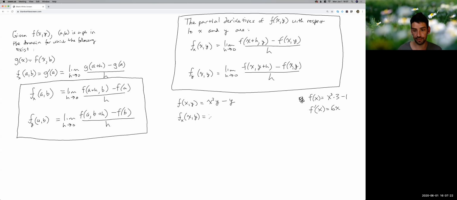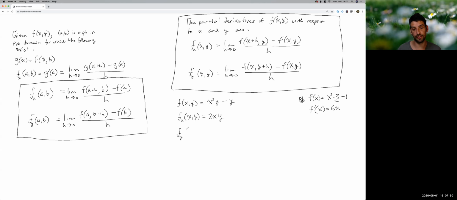The 2 comes down, the exponent gets lowered by 1, our regular derivative rule, but I'm thinking of y as a constant, and so it stays, just like the constant 3 stayed here, right? I multiplied it by the 2 from the exponent, but that constant goes with it. However, a constant added or subtracted disappears, right? And so there's our partial derivative with respect to x.